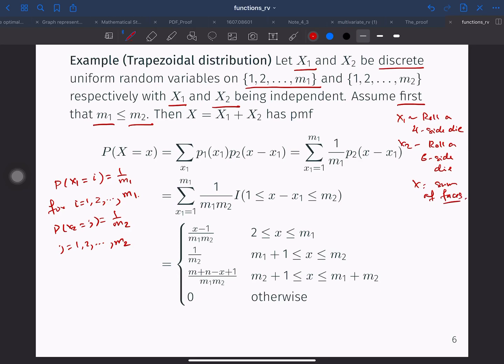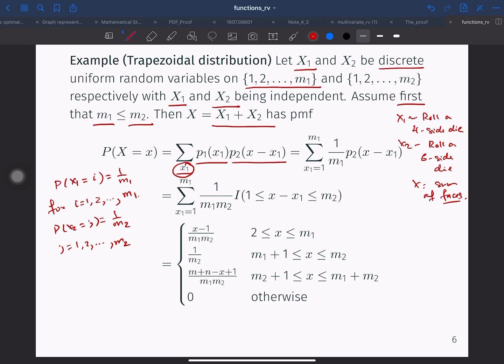In that case, x equal to x1 plus x2 has a probability mass function given as follows. Once again, I sum over all the possible values of x1 the marginal PMF for x1 multiplied by the marginal PMF for x2 evaluated at x minus x1.